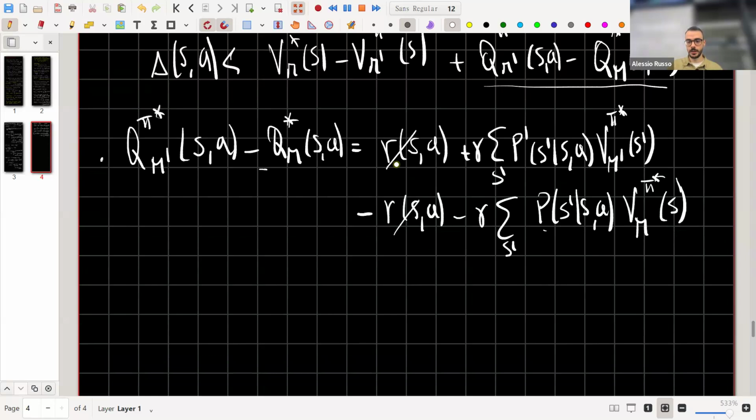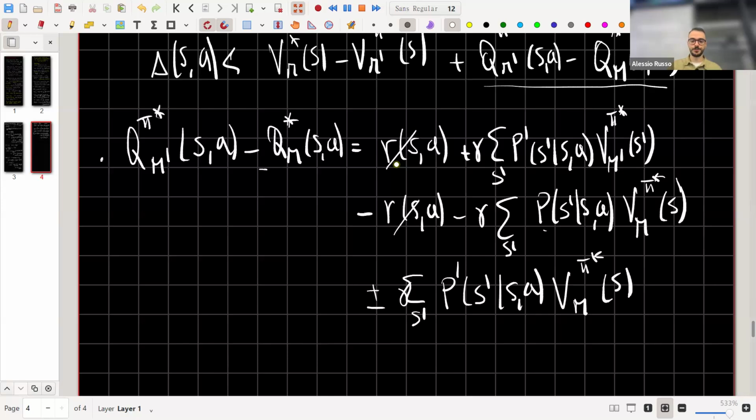So we are left with this difference here. Here we have the value in M prime, here we have the value in M. We are gonna do plus minus gamma sum over S prime, and here we want P of S prime given S, A, times the value in M of pi star of S prime.